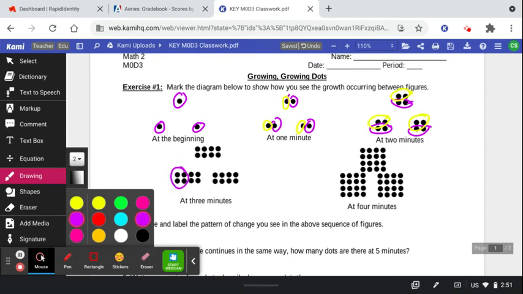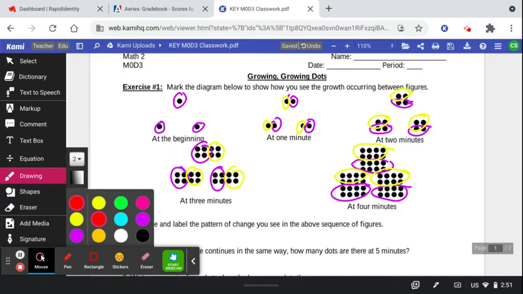These 4 end up doubling, and then these 8 end up doubling.